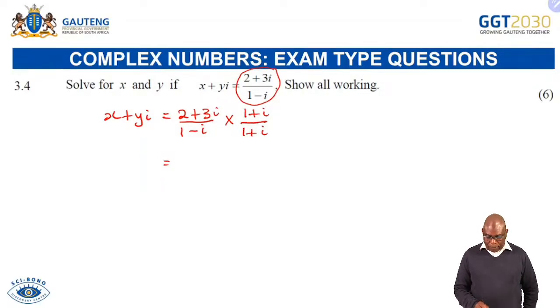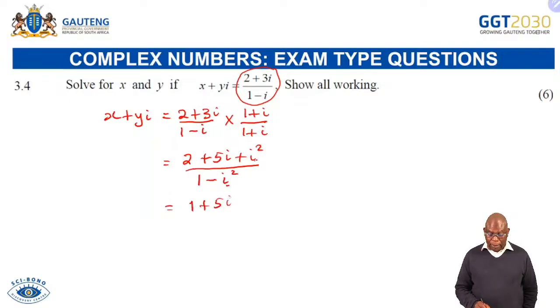So multiplying the top, I'm going to get 2 plus 5i plus i squared, all over the difference of two squares, 1 minus i squared. On top there, this is minus 1, that's minus 1. So I'll get 1 plus 5i all over 2, because 1 minus minus 1 will give us 2.